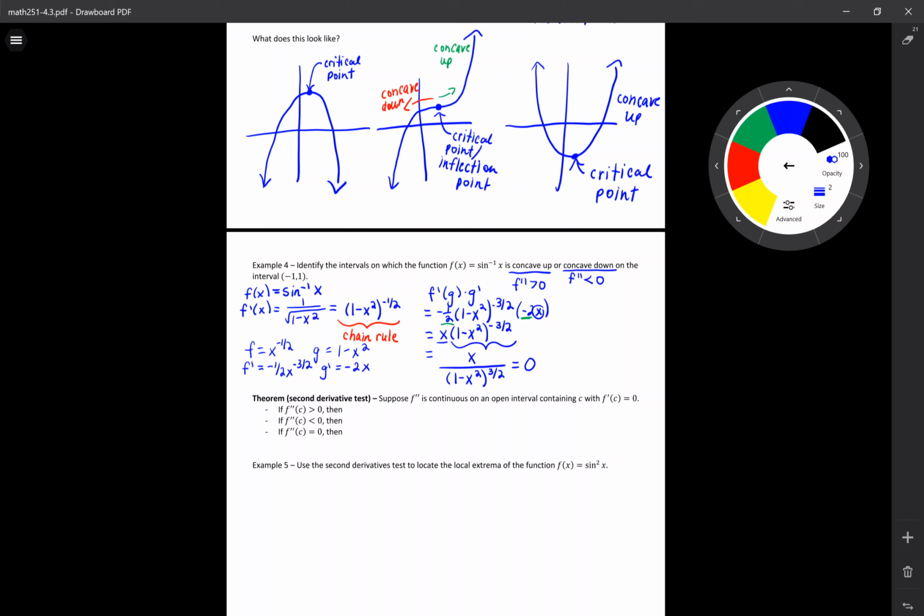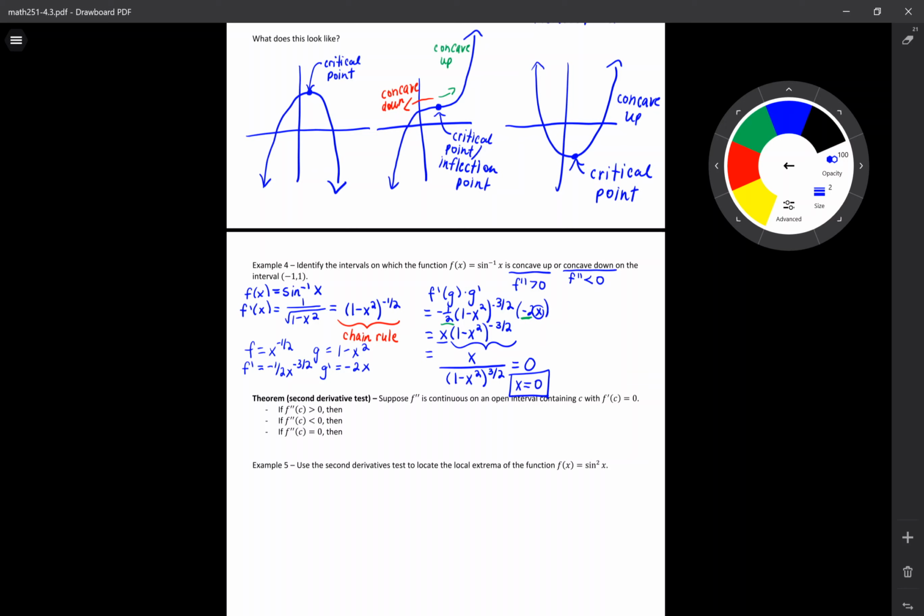If I set this equal to 0, then this will be my critical point, possibly my inflection point, we'll see. And when does this function equal 0? Well, when I have a rational function and I set it equal to 0, that means that I need to set the top of my function equal to 0. So this makes my critical point x equals 0. Critical point, inflection point.